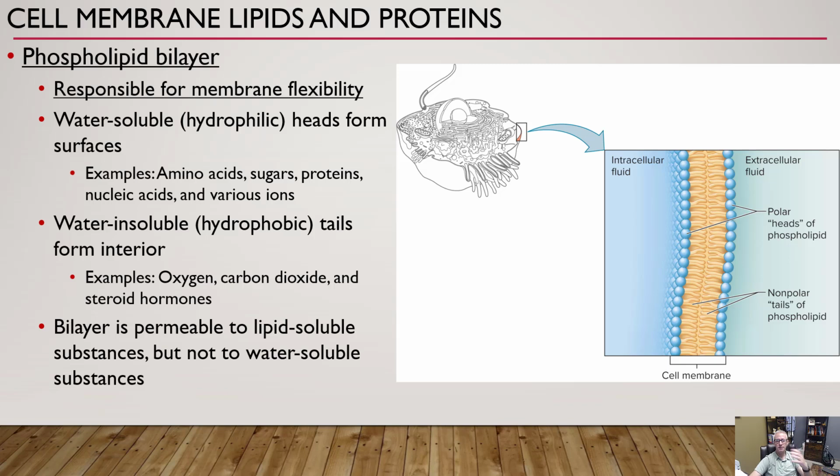We call it the phospholipid bilayer because we have two phospholipids, one on each side, that separate the intracellular fluid from the extracellular fluid, the inside of the cell versus the outside. And again, it's responsible for the membrane flexibility. The cell has to be able to squeeze through tight surfaces.